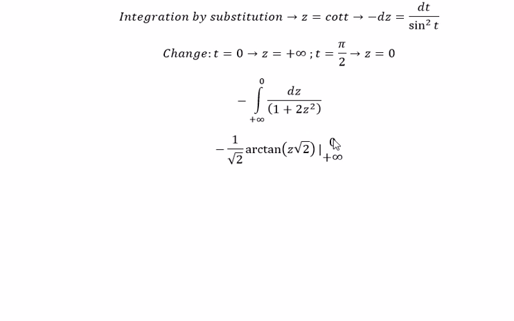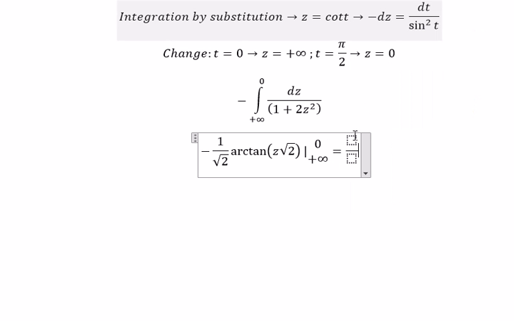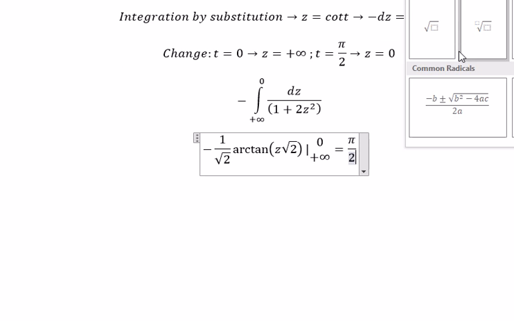We know that if we put 0 in here, you got 0. If we put positive infinity in here, you got pi over 2. And you got pi over 2 multiplied with the square root of number 2.